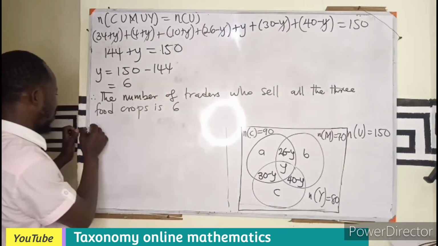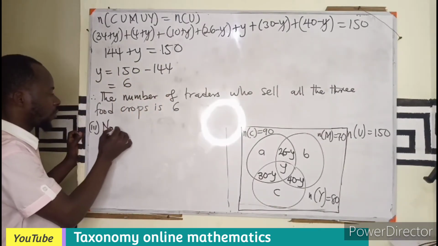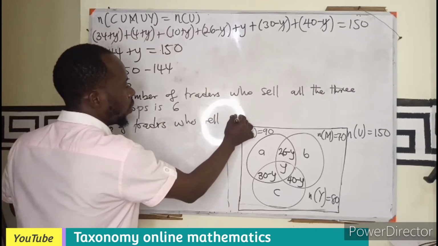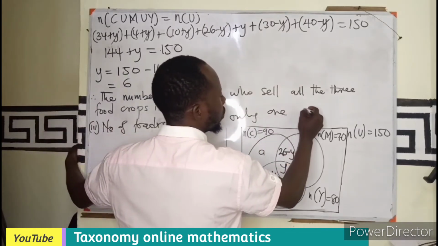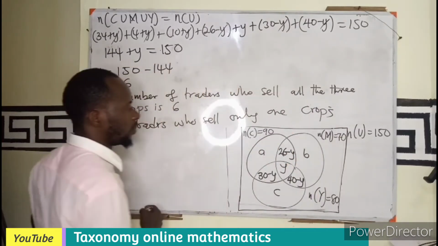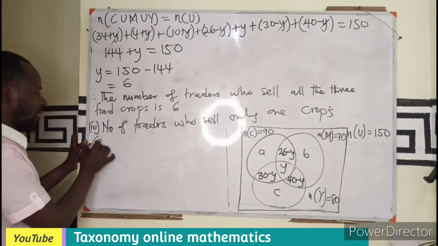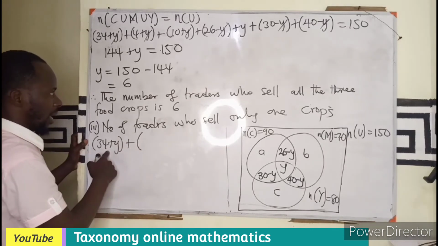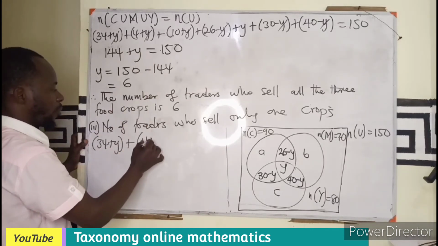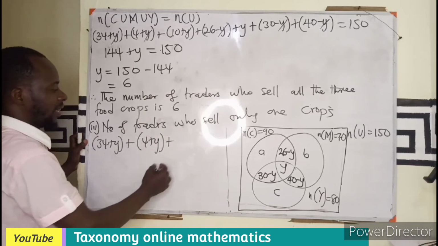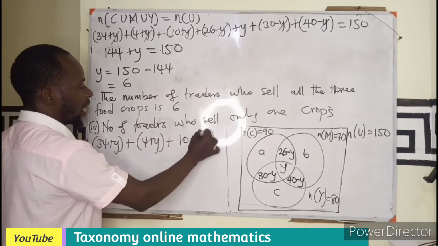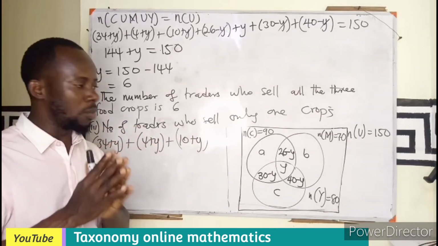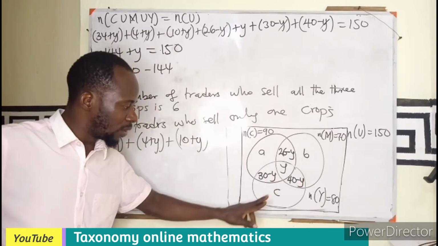So from that question, the number of traders who sell only 1 crop is going to be the first, A, which is 34 plus y. The B, which is I think 4 plus y. Then the C, which is 10 plus y. These are the regions that are only 1 crop. Only cassava, only maize, only yam.